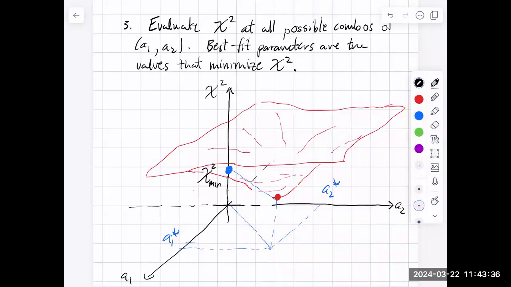All right, so obviously, if I had 3 parameters, I couldn't sketch this picture by hand. But in principle, the idea is the same thing. You're just going to calculate all the possible chi-squared values for all combinations of A1, A2, and A3. Whichever combination gives the smallest number for chi-squared is your estimate of the fit parameters.